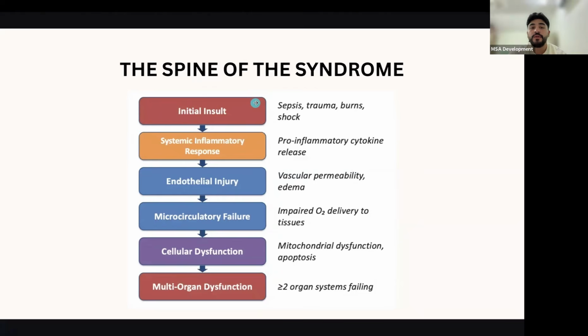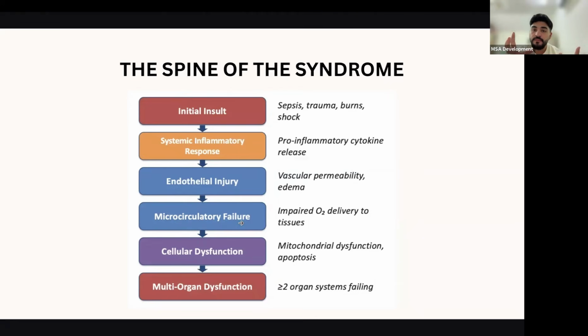So first, you get your initial insult, all right? And this insult is going to trigger an inflammatory response. And it's, of course, going to be systemic. Here you have the cytokine release, okay, which will disrupt the endothelial system. So you're going to get some endothelial injury, which will lead to increased vascular permeability, which will lead to edema as well, and is going to lead to microcirculatory failure. Why?